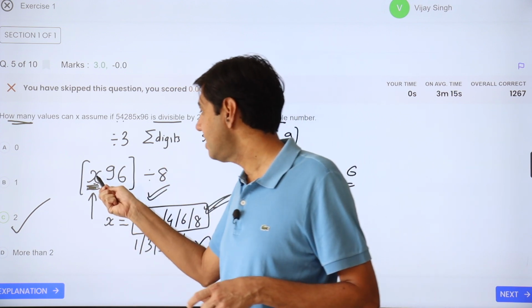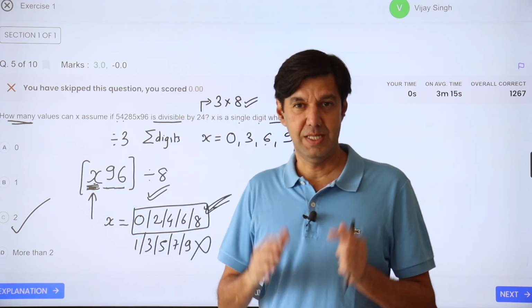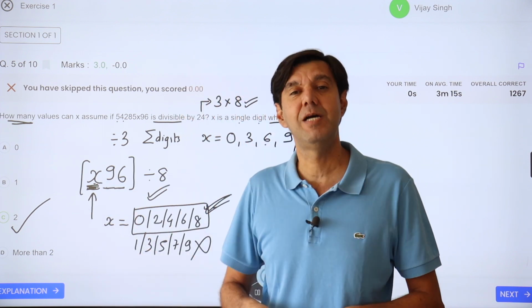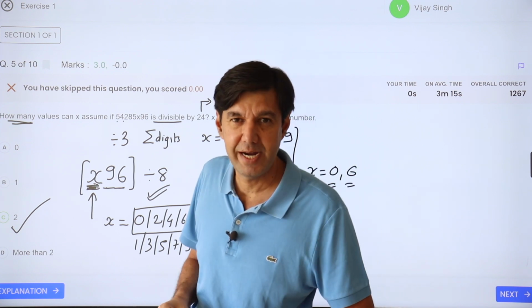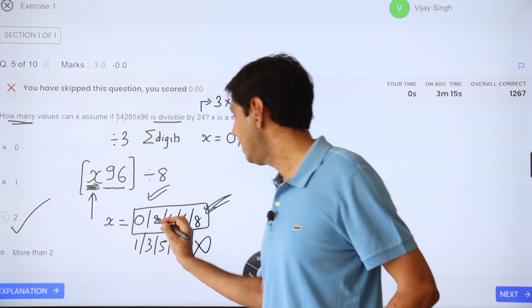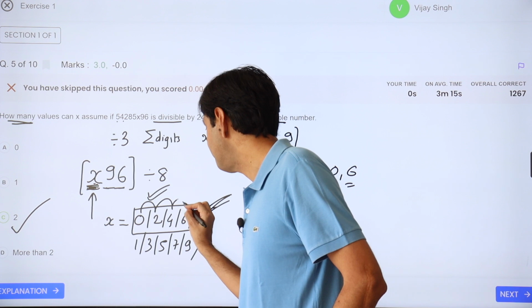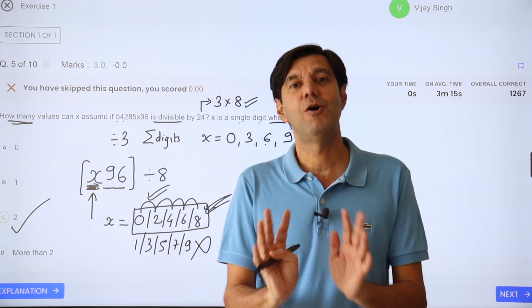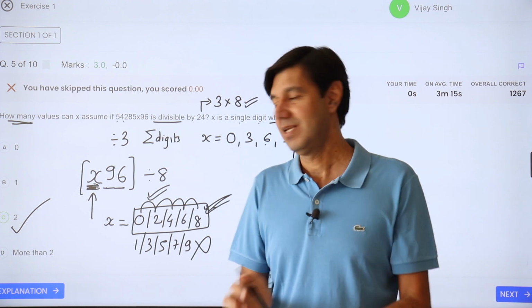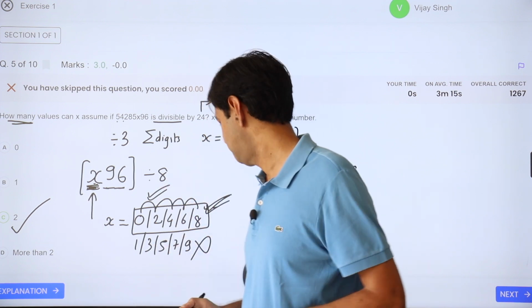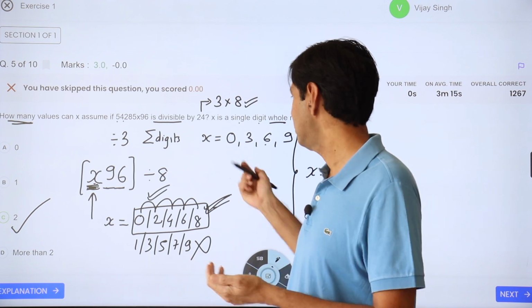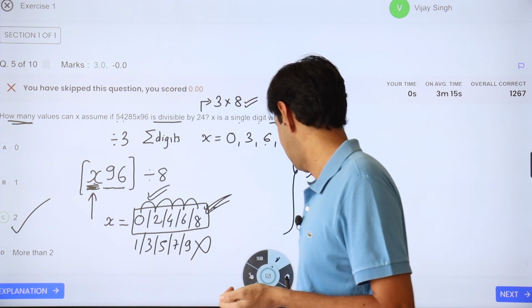But if you increase this number by 2, the number gets incremented by 200, and 200 is divisible by 8. 25 into 8 is 200. So when you increase it by 2, the number will remain divisible by 8 if it was originally divisible. So that kind of a logic it is. So good question. Yeah, two values, and let's continue.